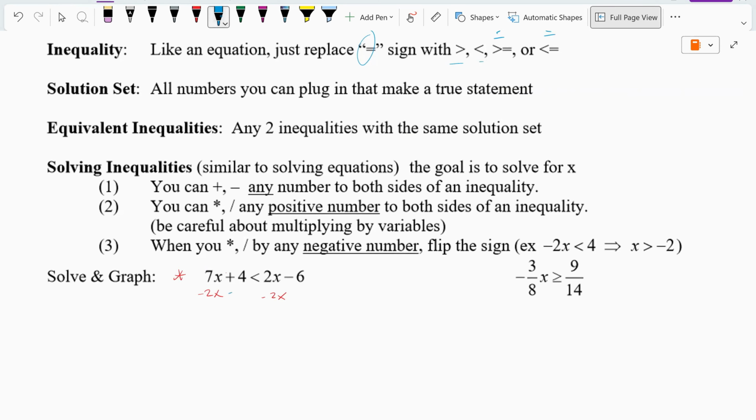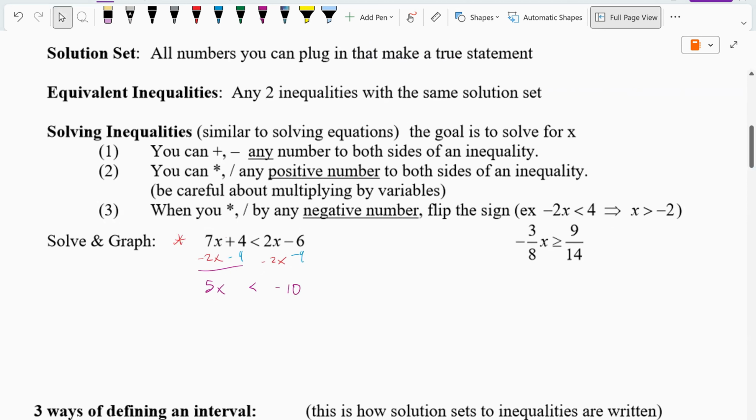And at the same time, let's go ahead and subtract 4 to put the constants on the other side. All right, that gives us 7x minus 2x is 5x, is less than negative 6 minus 4 is negative 10. And to get x by itself, divide both sides by 5, and x is less than negative 2.